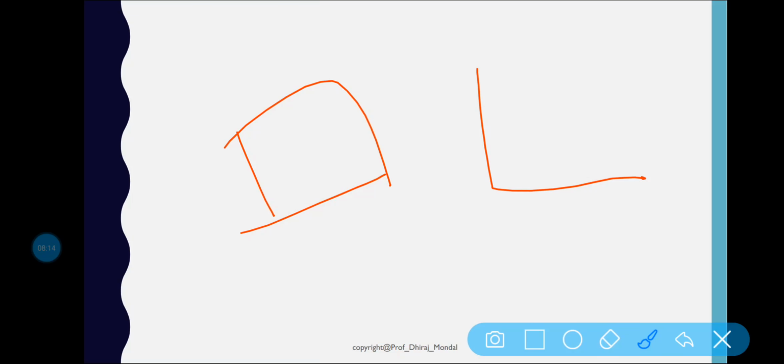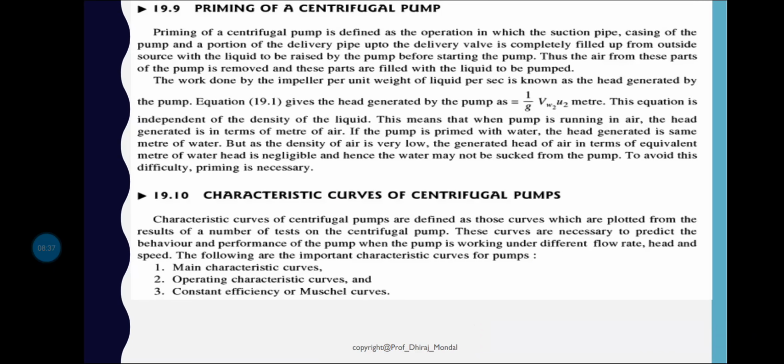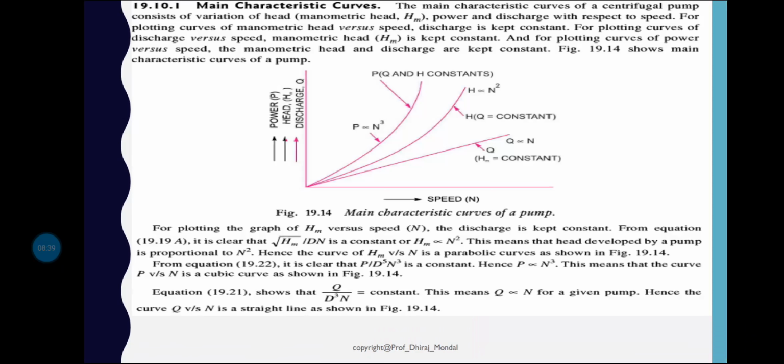These curves are necessary to predict the behavior and performance of the pump when it is working under different flow rates, different heads, and different speeds. As I have already told you, these are the main characteristic curve, the operating characteristic curve, and the constant efficiency or Muschel curve.